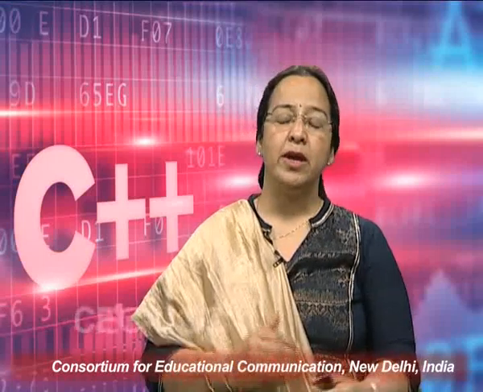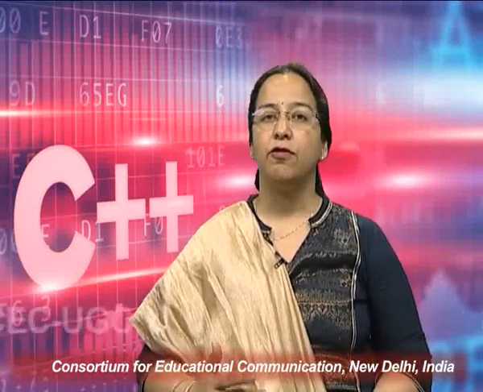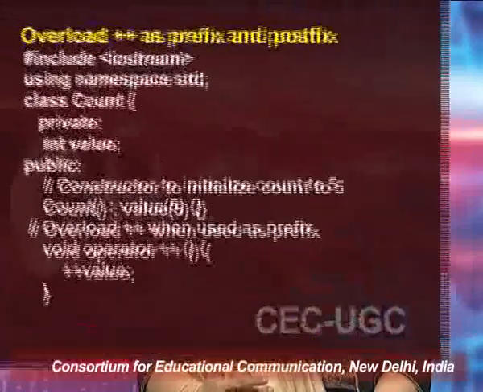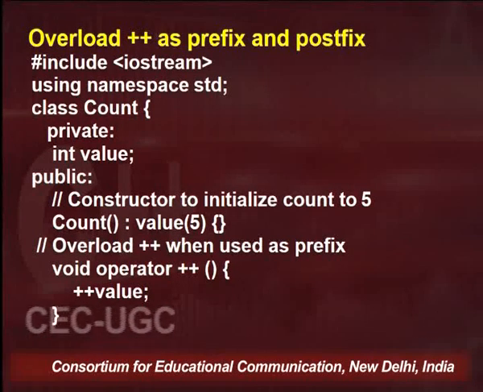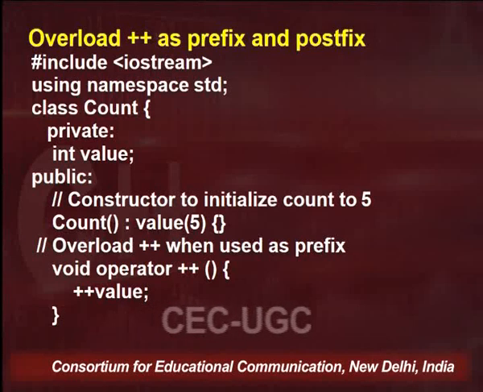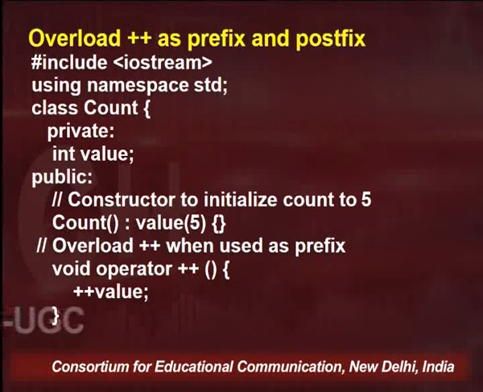So here let me start with a complete program in which we are using the two versions of the overloaded increment operator plus plus. One is a prefix version, another one is a postfix version. I am taking that similar class in which we have already seen the prefix version, and here we will take both versions.